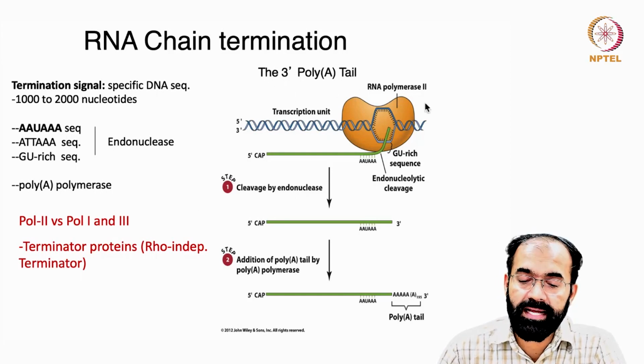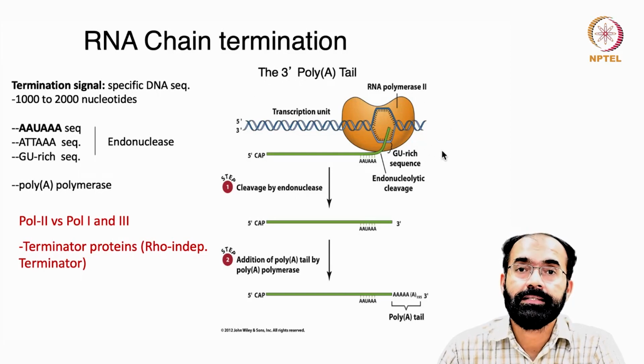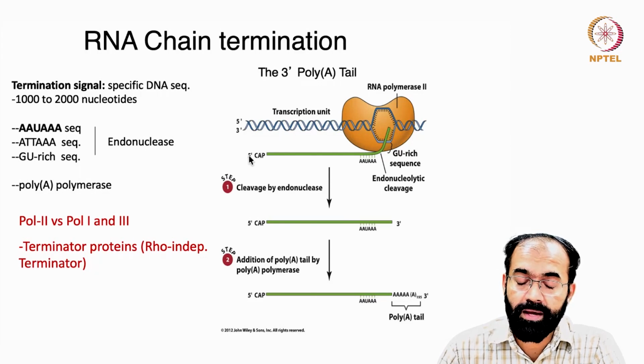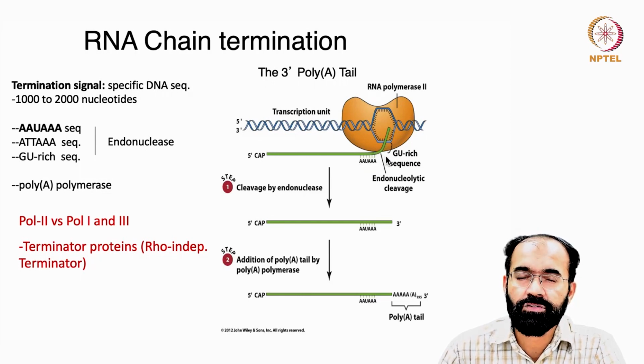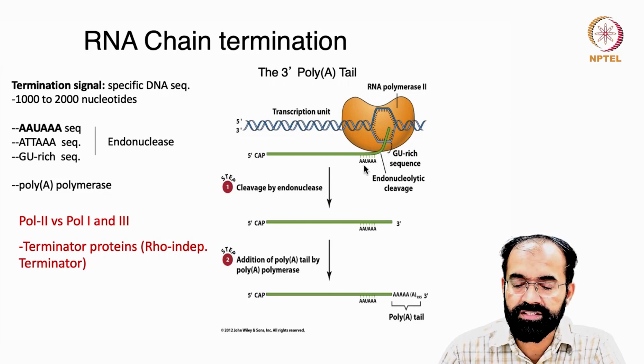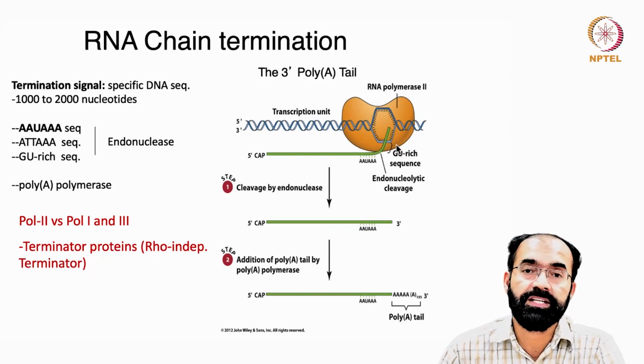So the 3' poly A tail has to be formed soon after the transcription termination. There is a 5' 7-methyl guanosine cap, then there is an AAUAAA signal, and around 16 to 18 bases downstream of this signal, an endonucleolytic cleavage happens, and much further downstream you have a GU rich sequence.